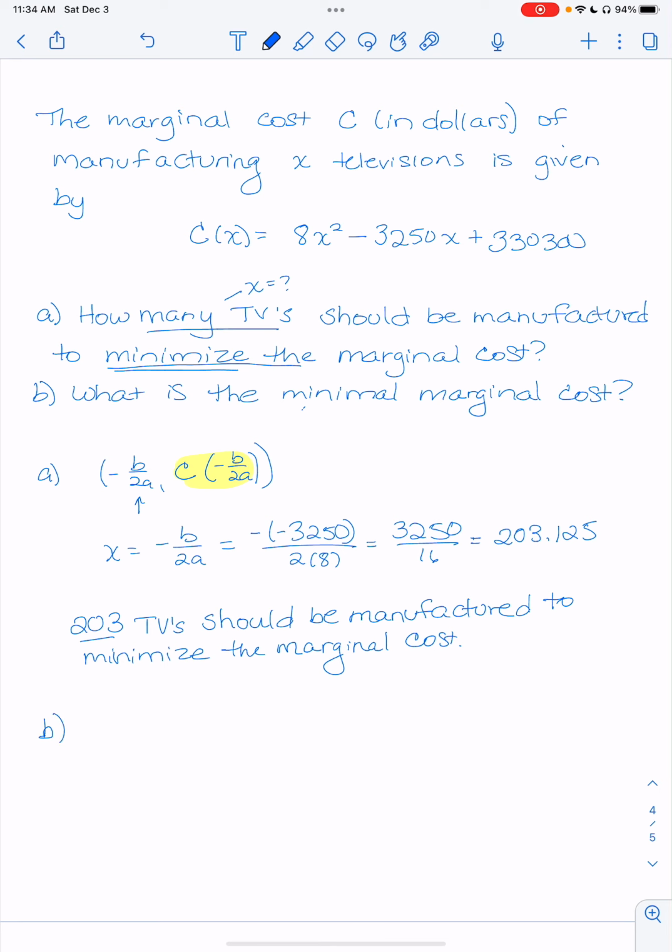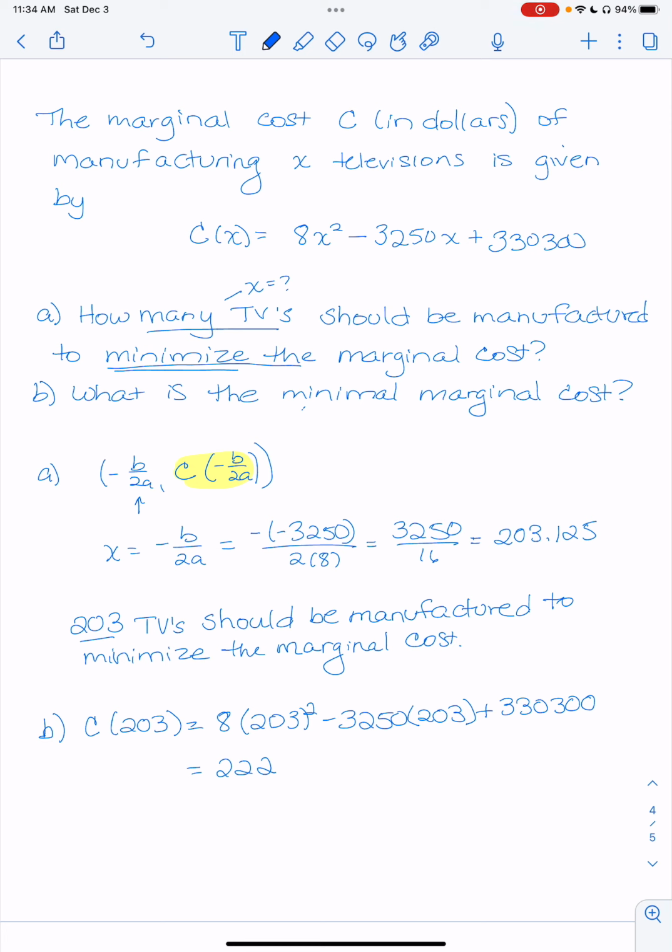So here I'm going to find C of 203, which is going to be equal to 8 times 203 squared minus 3,250 times 203 plus 330,300. And if you punch that into your calculator, what you're going to get out is 222.